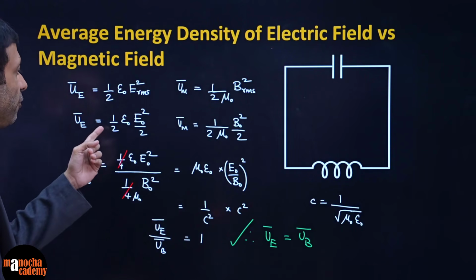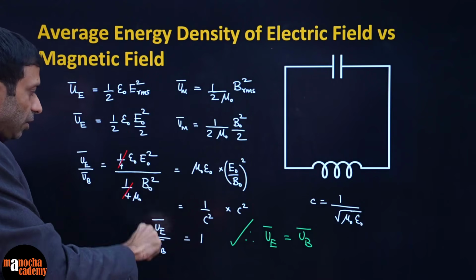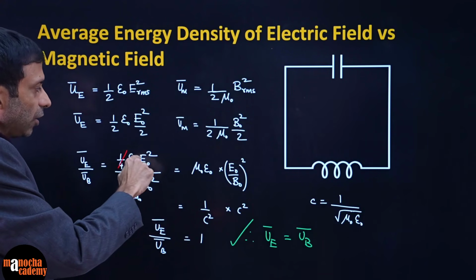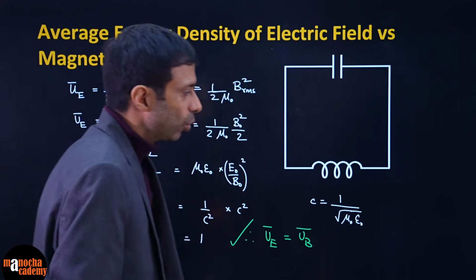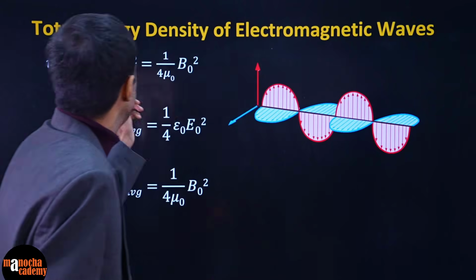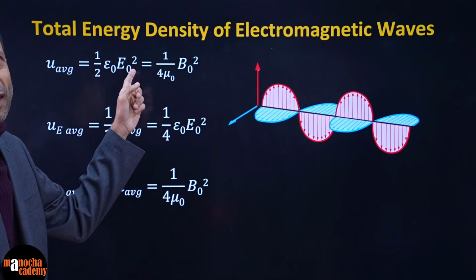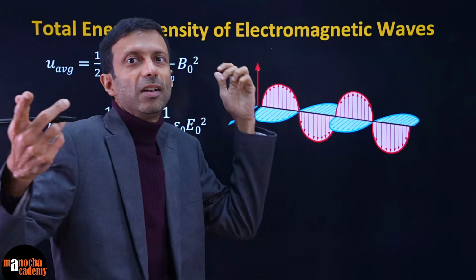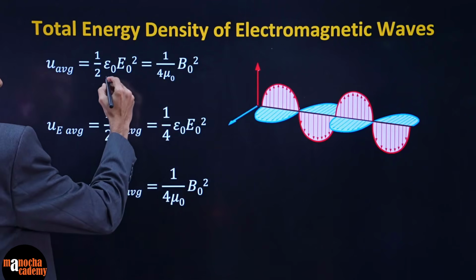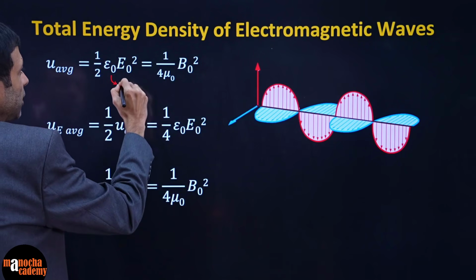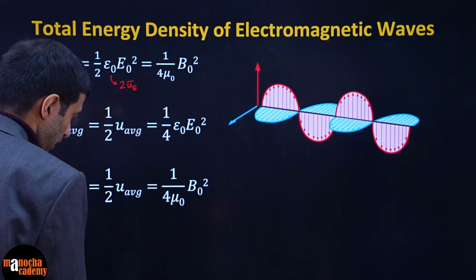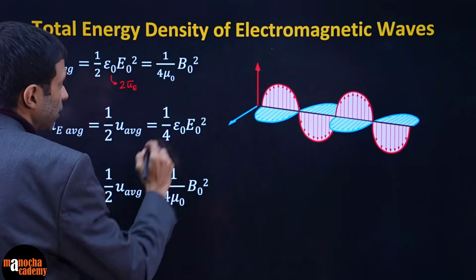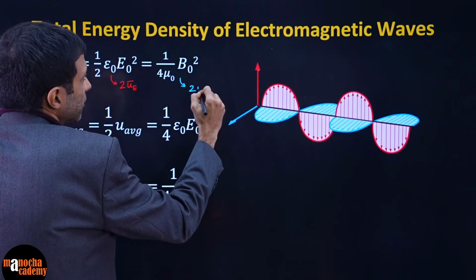If 1/4 epsilon naught E naught squared is my average density, then if I multiply by 2, I'll get the total density: half epsilon naught E naught squared. I just doubled. This one is 2 times your average electric one, and this guy is nothing but 2 times your average magnetic one.